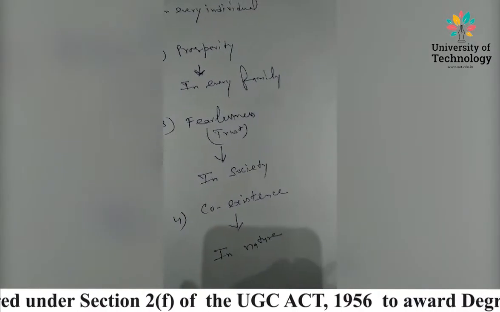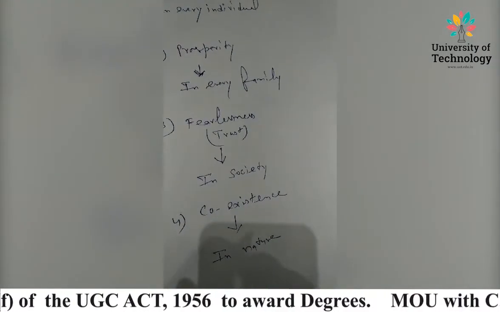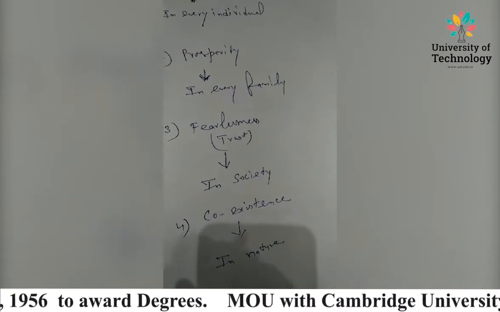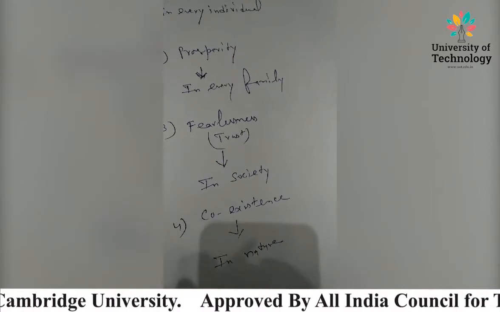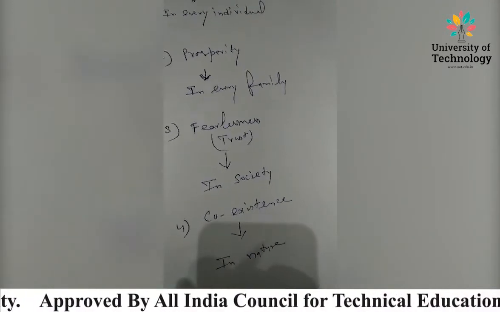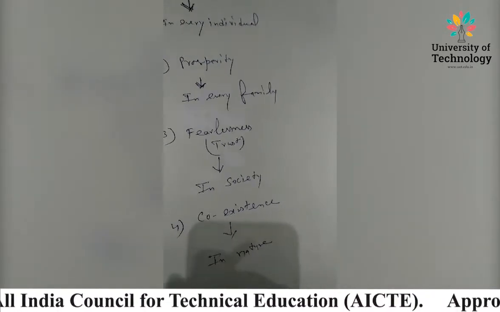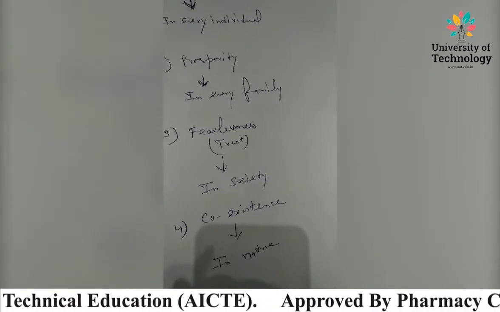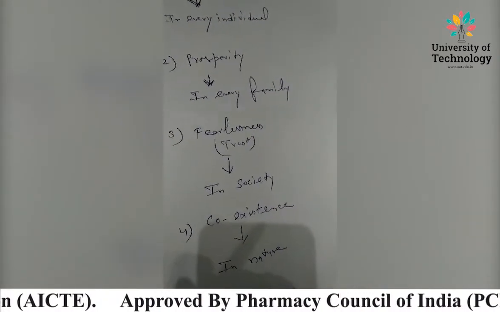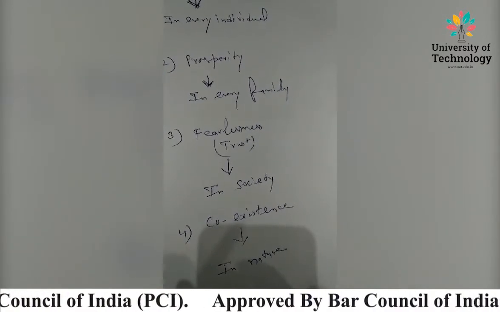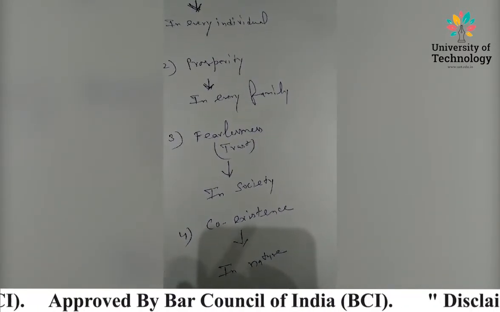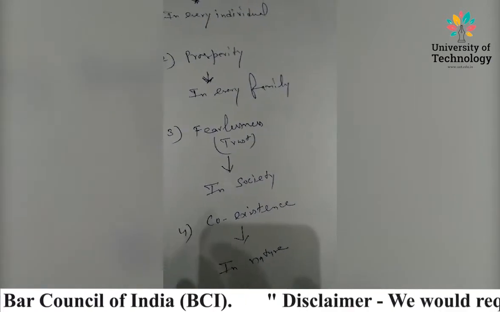See, coexistence in nature means there is a relationship and complementarity among all the entities in nature, including human beings. So these are the human goals. Lack of understanding of harmony has led astray our programs, and we are not able to work for the fulfillment of comprehensive human goals today.